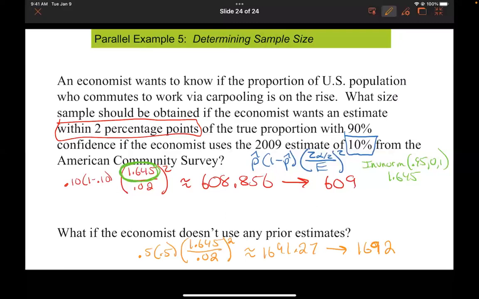I'm thinking that the new proportion probably isn't hugely different. You might go up to 15% or down to 7 or 8%, but it's not going to be 50%. So using a prior estimate is a great idea when you can. Questions?